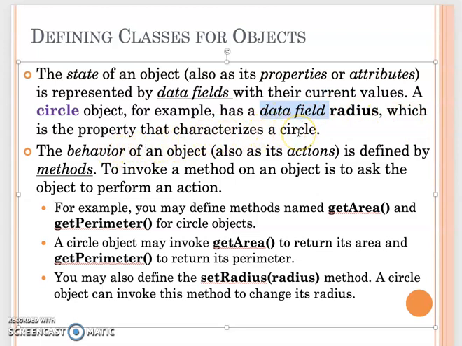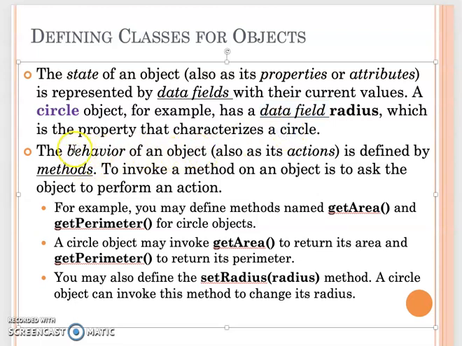Your radius 5, your radius 6, your radius 10, you have different areas. So that's something you need to be careful about. When we start to define a class, we think about its data fields. The data fields are private to identify this object.